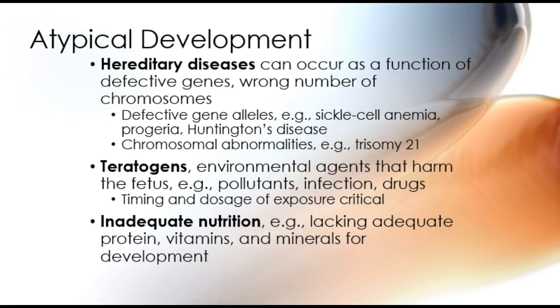Then there's environmental hazards that the mother can be exposed to. These, like lead, for example, that's also a teratogen. Teratogens are problematic because they add something to the ordinary fetal environment, and they're intruding on the developing system, and they're driving it off course.